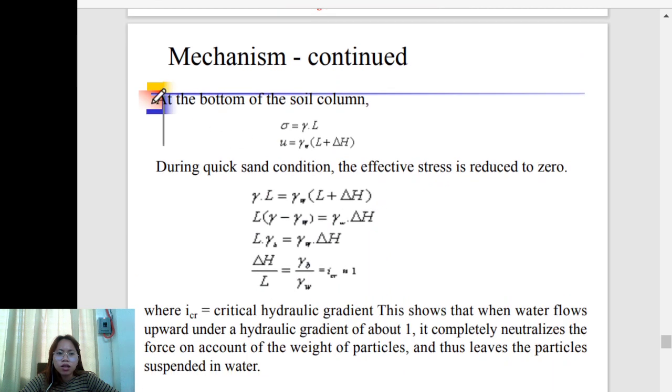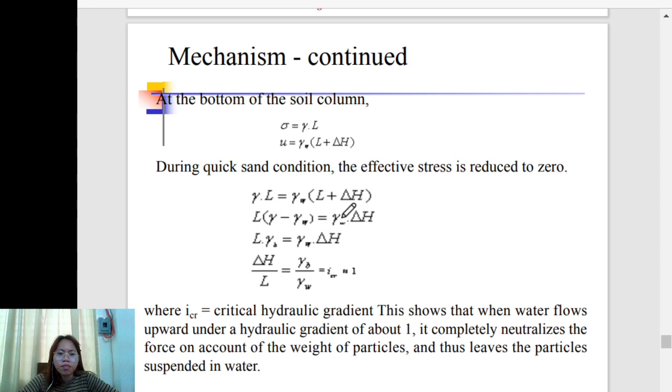To continue, at the bottom of the soil column, the stress is equal to the unit weight of the soil times the length. This is the path of the water in the soil. During quicksand condition, the effective stress is reduced to zero.